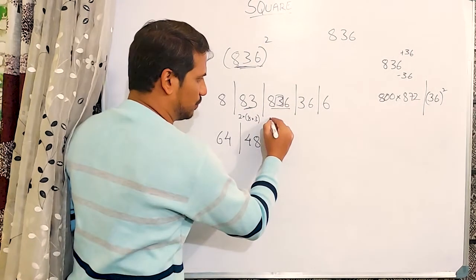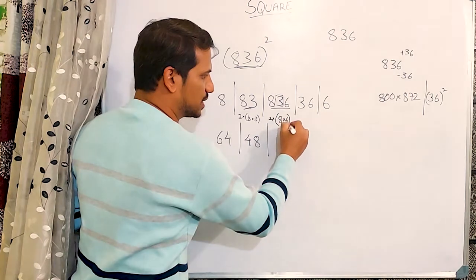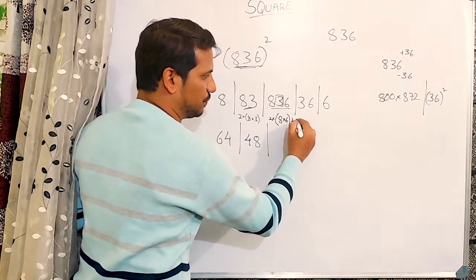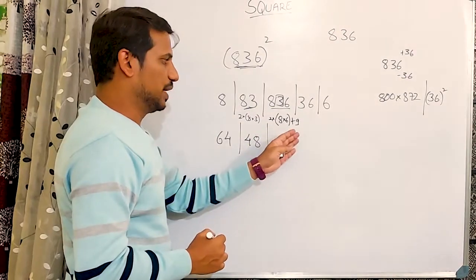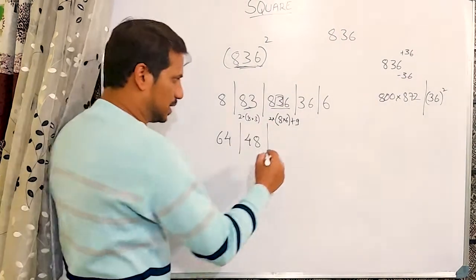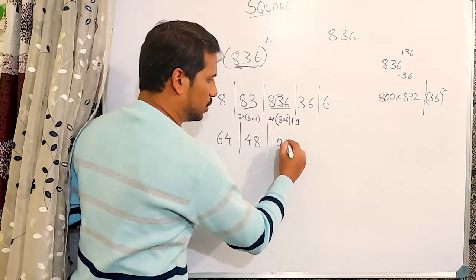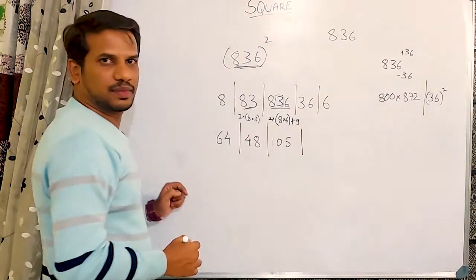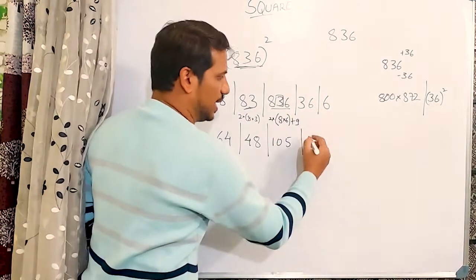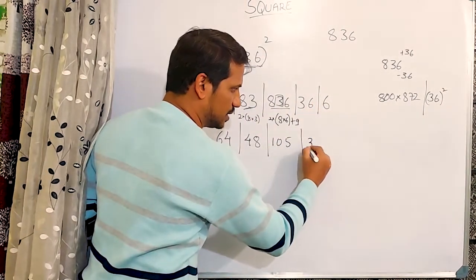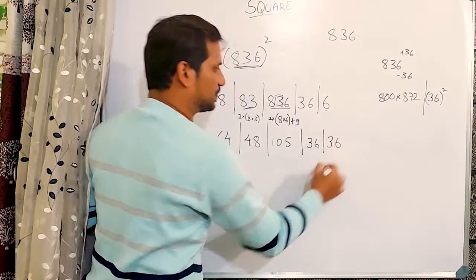I'll write it down for your convenience. 2 into 8 into 6 plus the square of 3, that is 9. So it's 48 into 2, that is 96, plus 9, that is 105. So duplex of 36, 2 into 3 into 6, 18 into 2, that is 36, duplex of 6, 36.